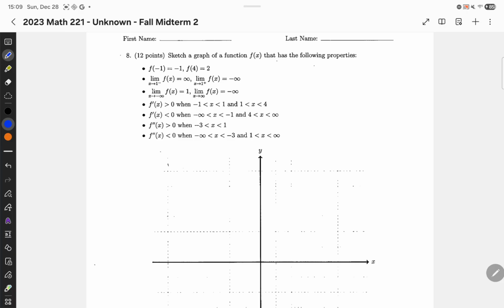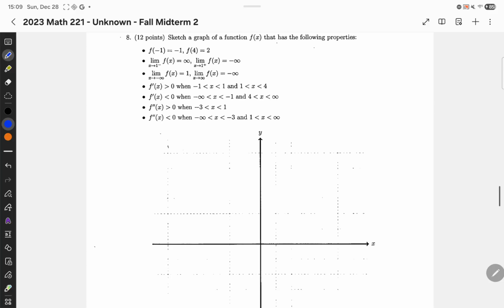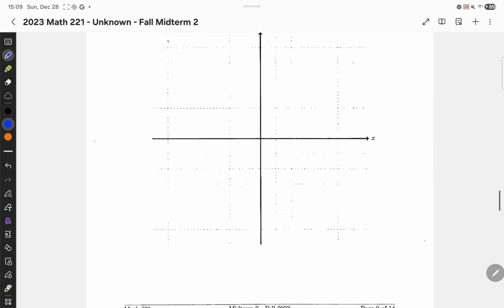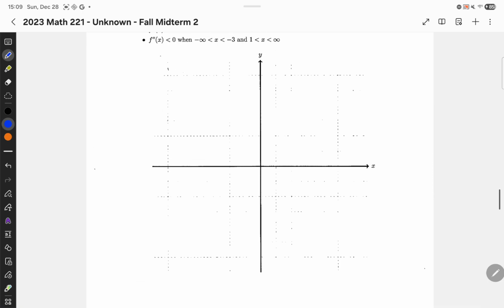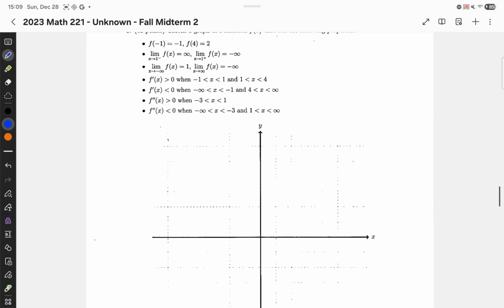Alright, now for question 8, we want to sketch a graph of a function f of x that has the following properties. I won't read them out quite yet, because the first thing I want to do is put some tick marks on this graph. The highest number we have is 4, so we can make tick marks maybe up to 6.